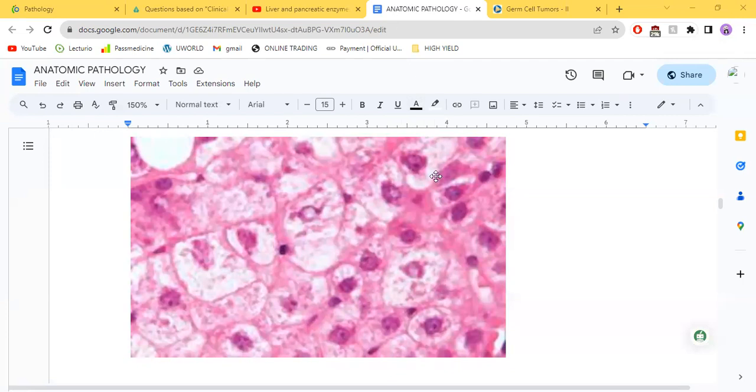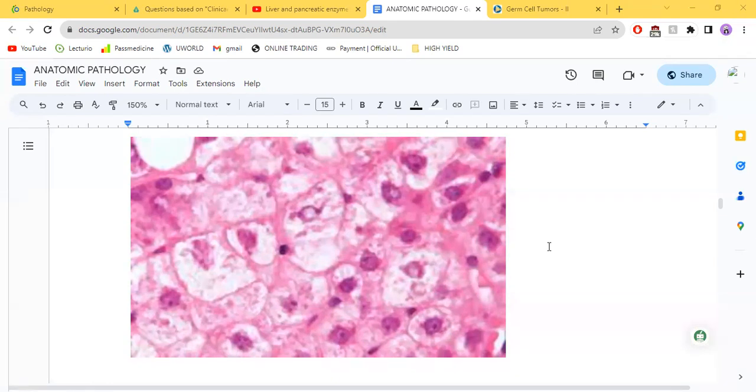Yeah, so this is Councilman bodies, and they're caused by viral hepatitis. I can see in the chat that someone has given us a mnemonic. For this mnemonic to work, we presume that probably this photo is the one which will be tested, or by luck, we hope that this photo will get into the examiner's hands and into our booklets.